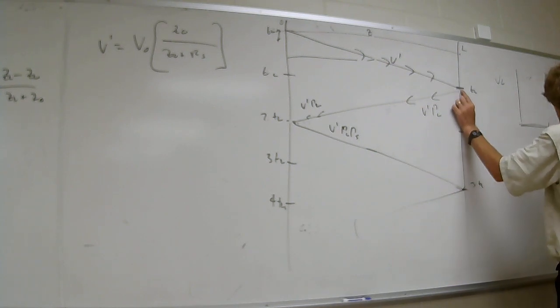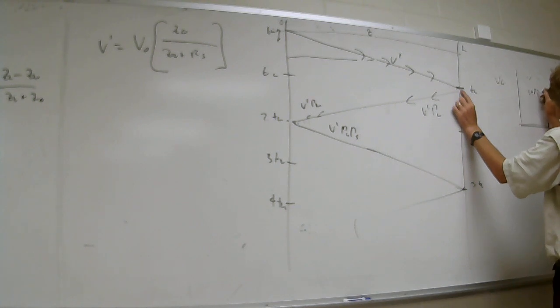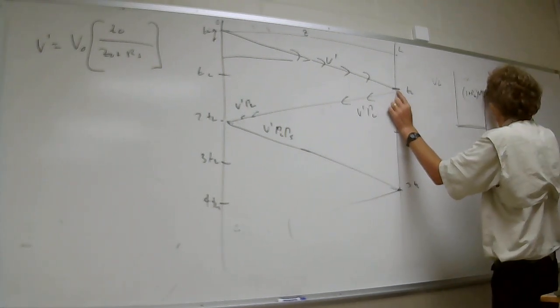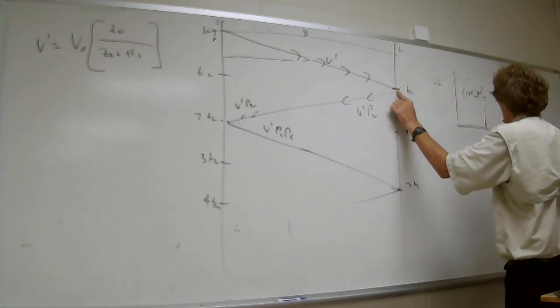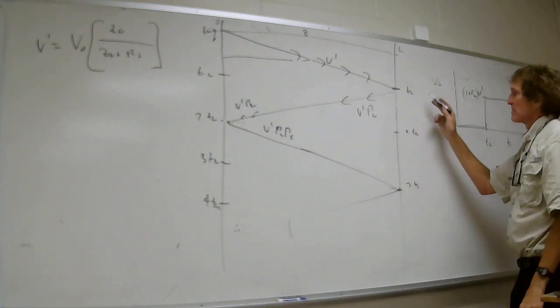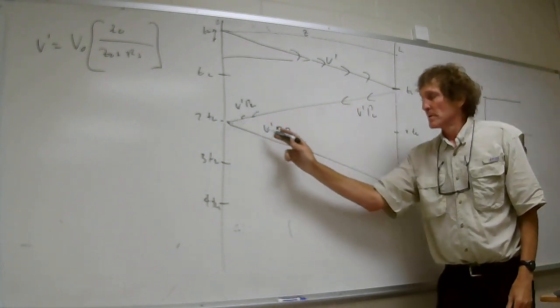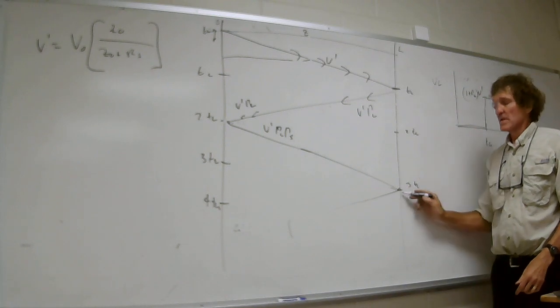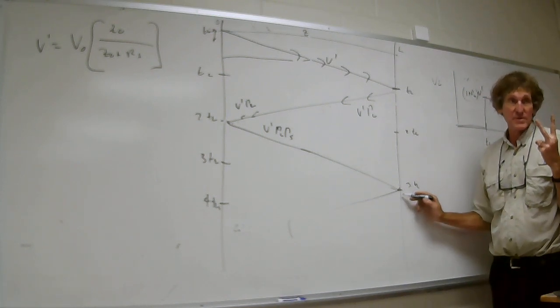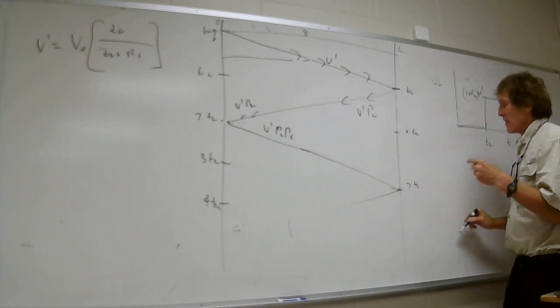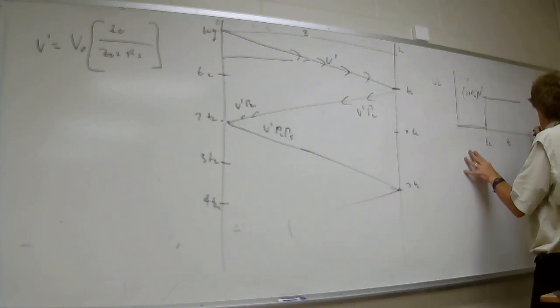So now it goes to a value here that's going to be 1 plus the reflection coefficient of the load times V prime. And it's going to stay there for how long? What's the difference? 2 time constants. Y'all see that? Everybody?